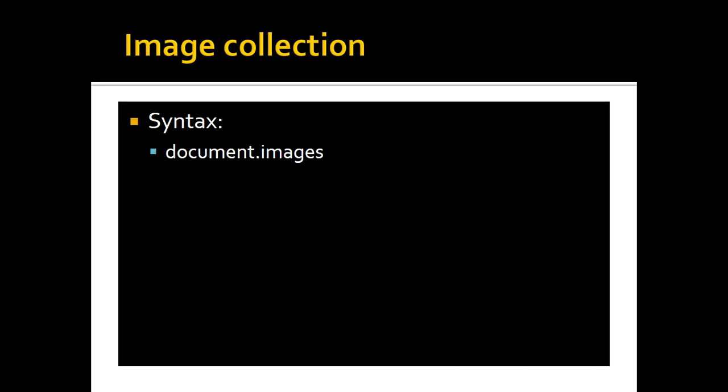Now we need to discuss the images collection. If you want to get the group of images which are present inside the HTML page, you can use document.images. This will return the collection of images present inside the HTML page.